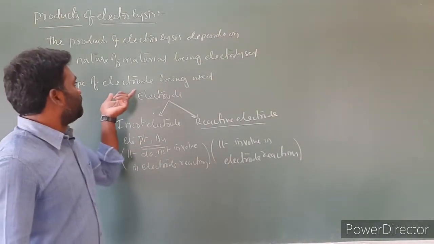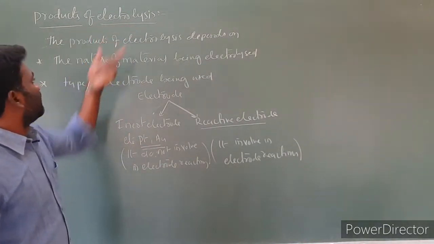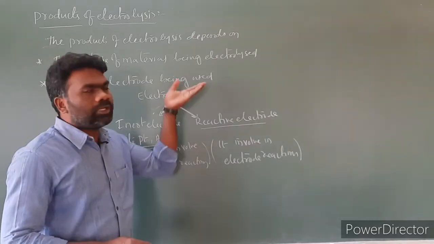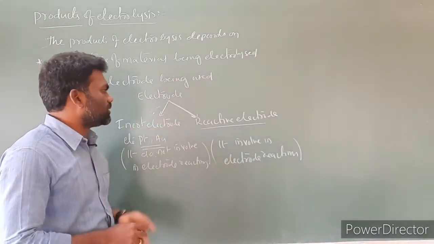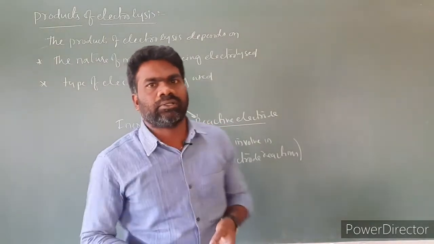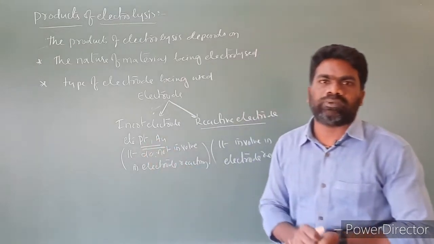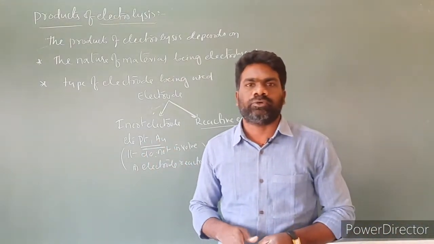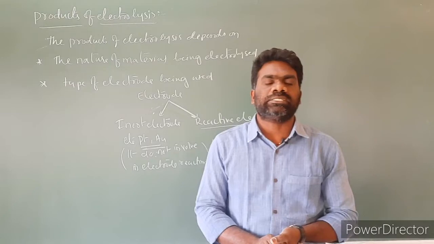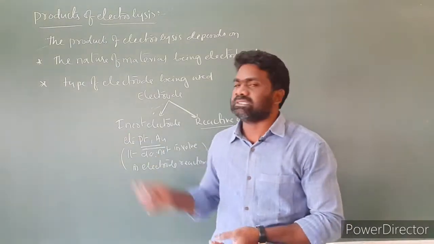So the products of electrolysis depend upon the type of electrode being used. We are using inert electrodes and reactive electrodes. The type of electrode will also decide what product is formed in the electrolysis process. This is the second one.